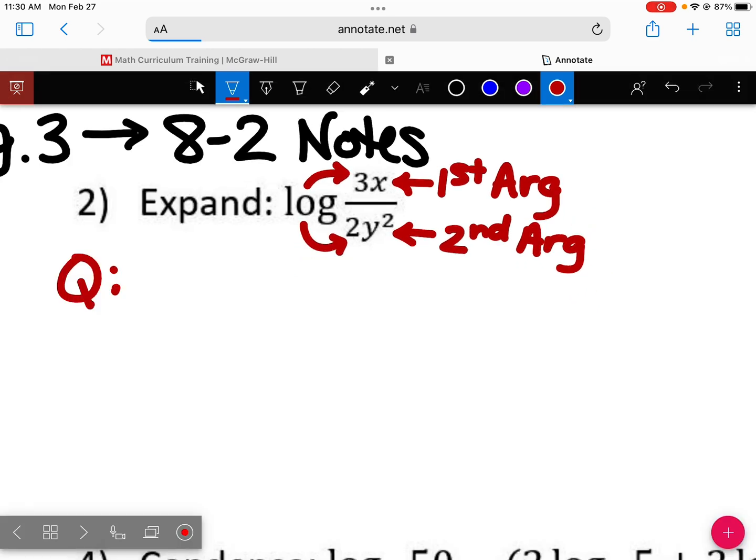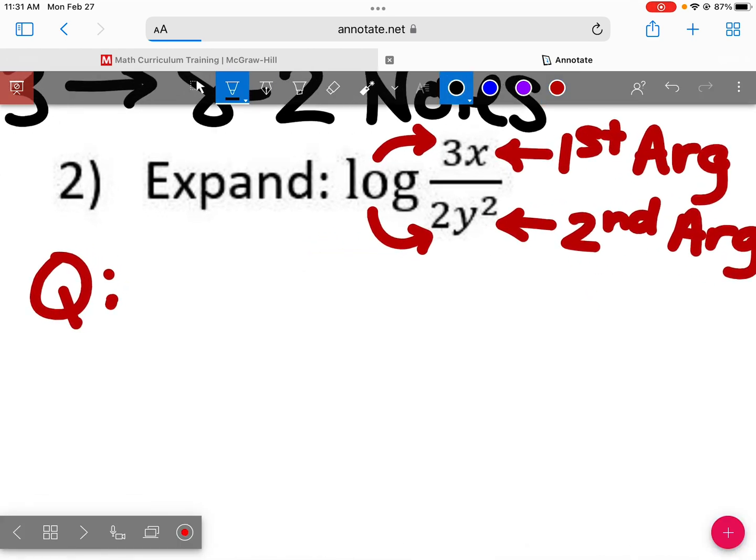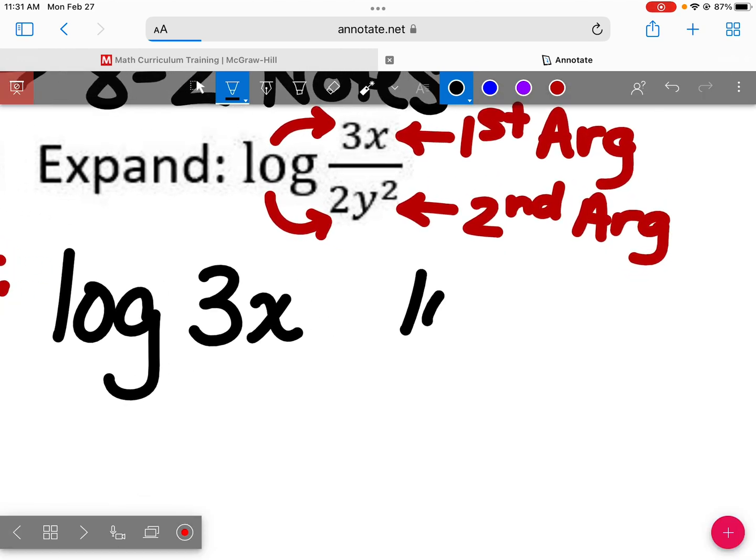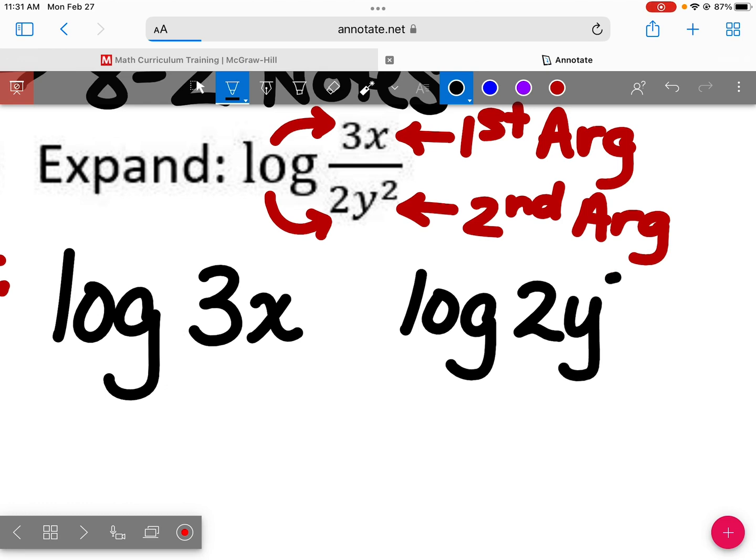Yes, this one is a log base 10, also sometimes called common log. So log of 3x, common log of 2y squared. What goes in between those logs? Minus.